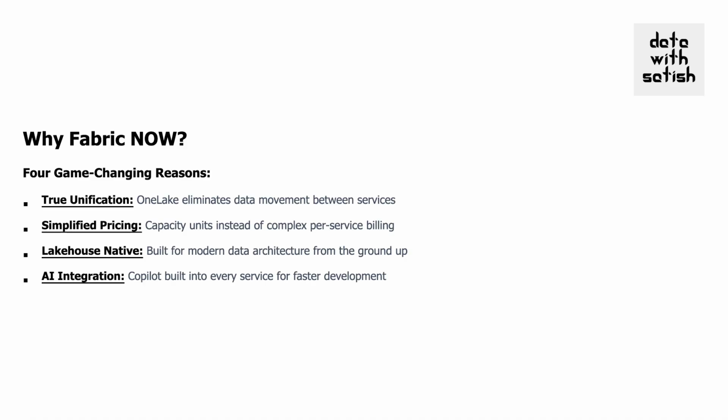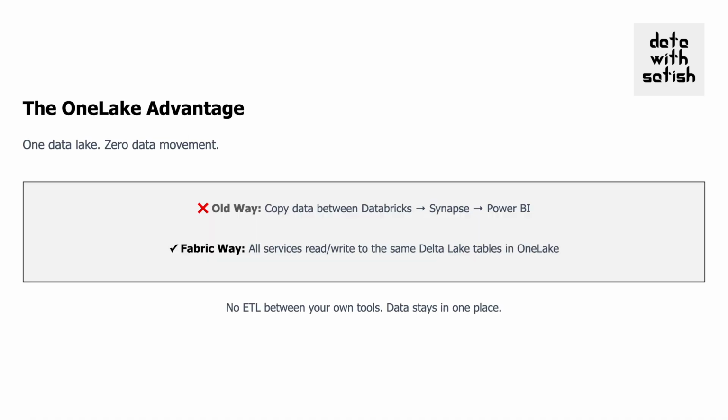Fabric is designed for this from the ground up, not retrofitted like other platforms. Fourth, AI integration. Copilot is built into every part of Fabric. Generate DAX formulas, write PySpark code, build pipelines, all with AI assistance. This accelerates development dramatically.